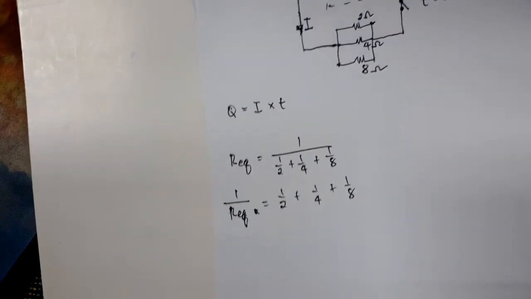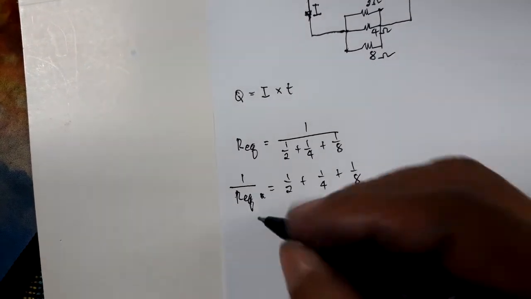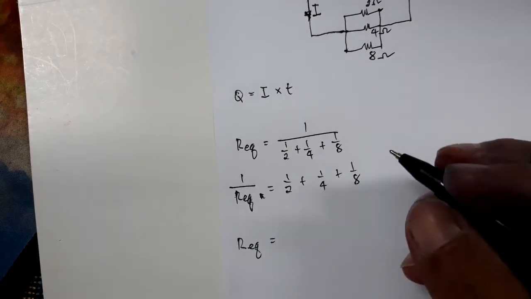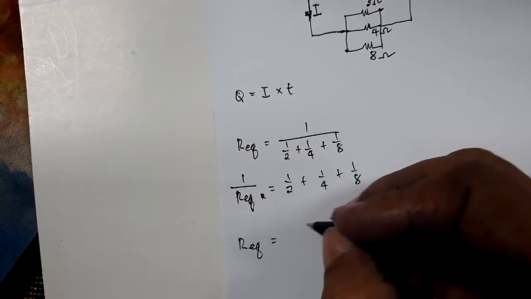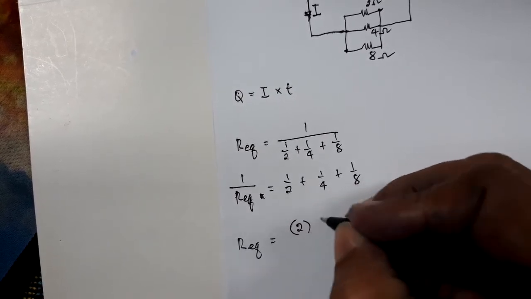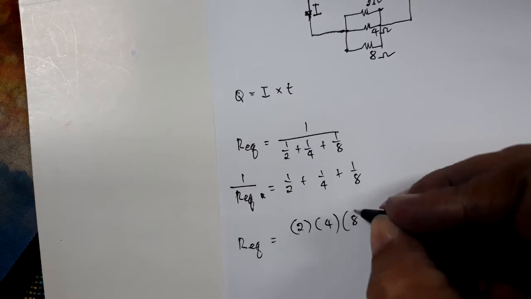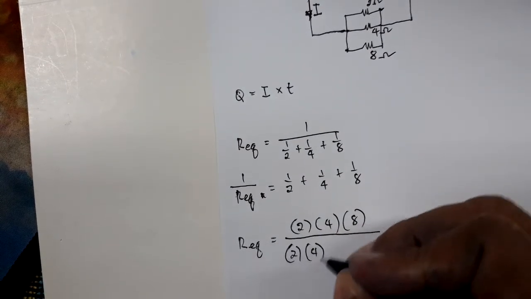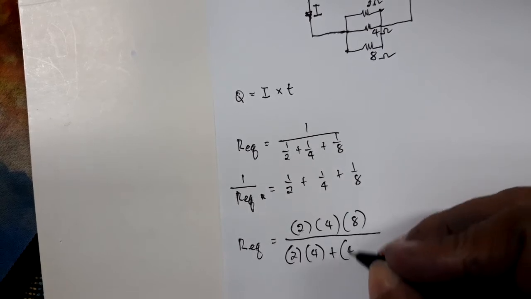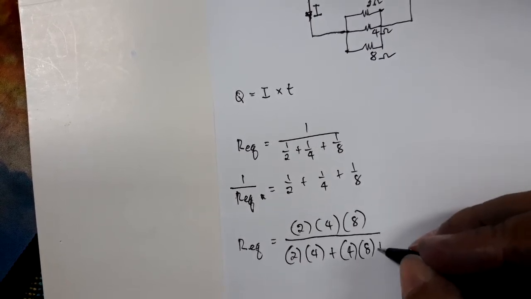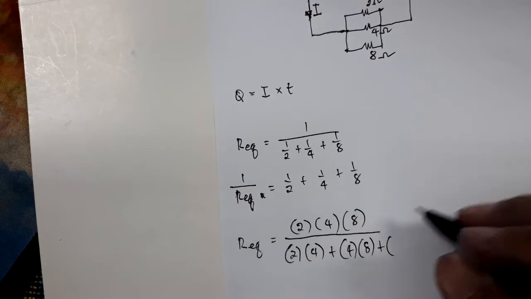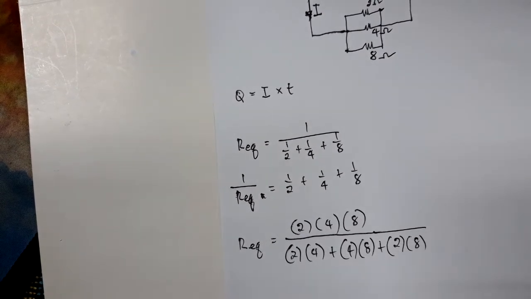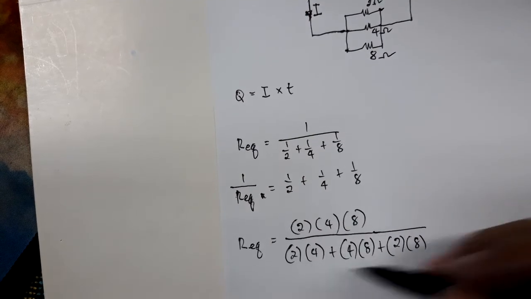Or you can use this formula, R equivalent equals 2 times 4 times 8 divided by 2 times 4 plus 4 times 8 plus 2 times 8. So let us use this formula. I think this is much easier.